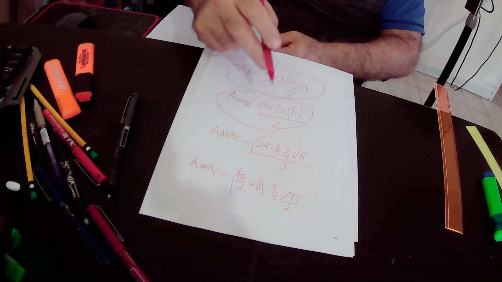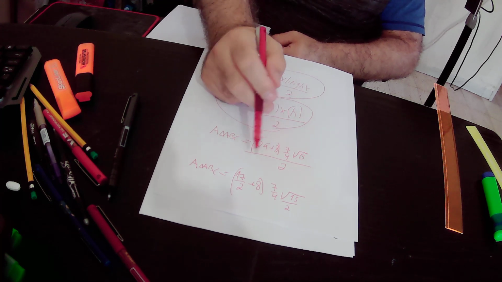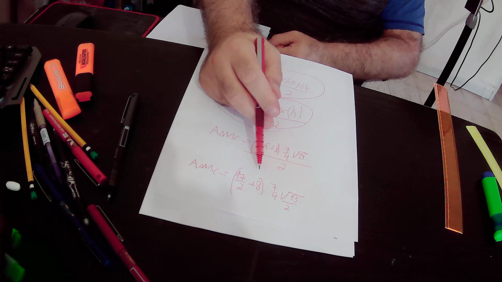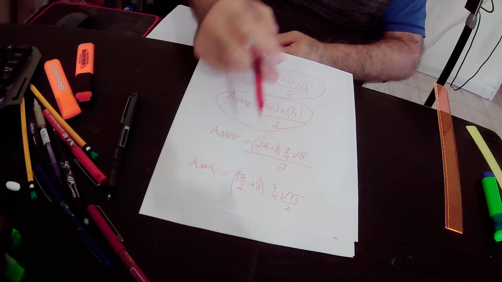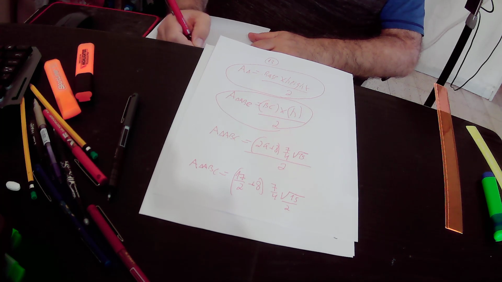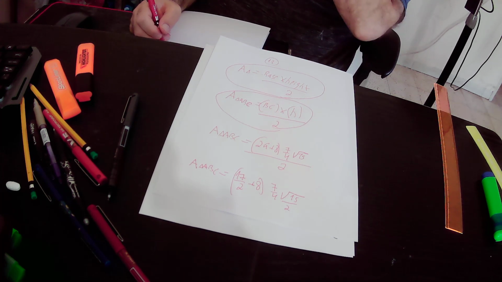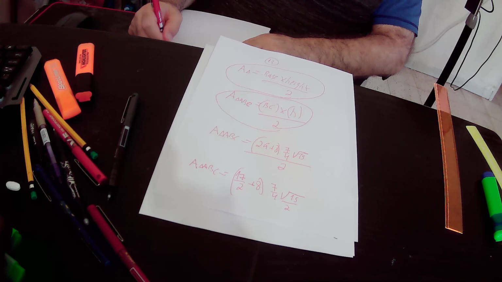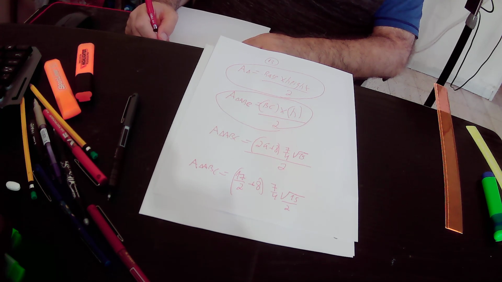Here 4 times 2 is 8, and here we will substitute 8 by 16 over 2 in order to have a common denominator with this number, and we will find that the area of triangle ABC equals 17 over 2 plus 16 over 2 times 7 over 4 times 7, and 4 times 2 is 8, times root 15.